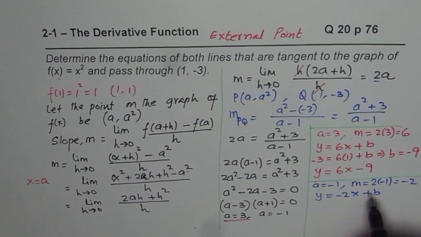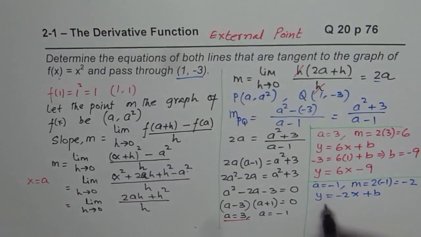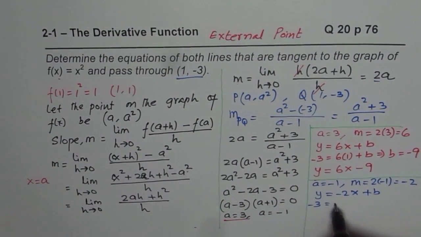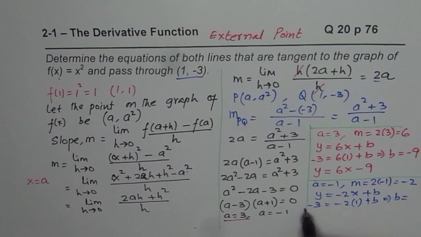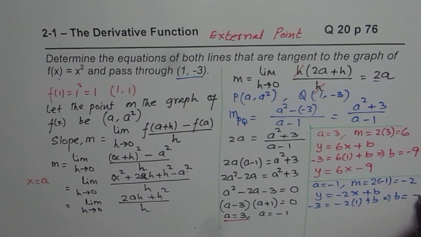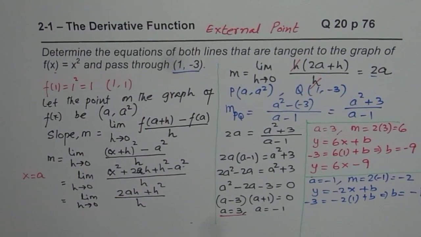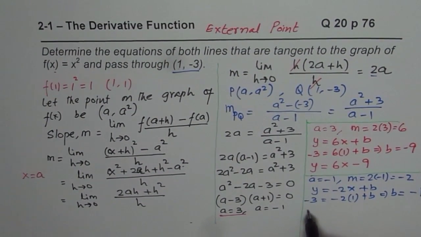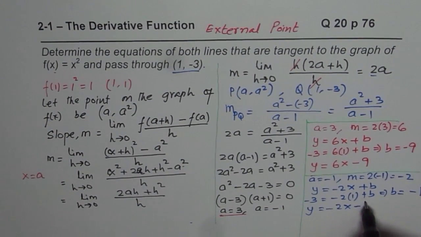To find b, let us again use the same point, (1, -3). So -3 for y, 1 for x, that gives -3 = -2 times 1 + b. So from here we can get b = -3 + 2, which is -1. And therefore, y = -2x - 1.